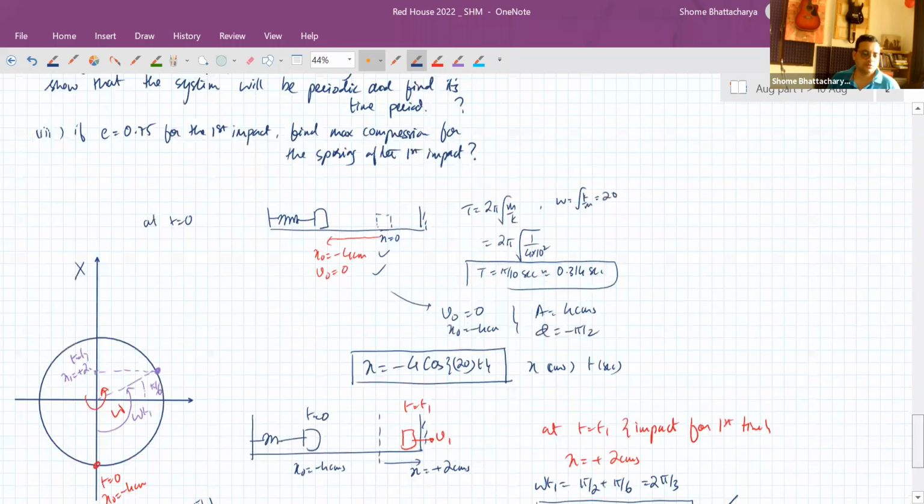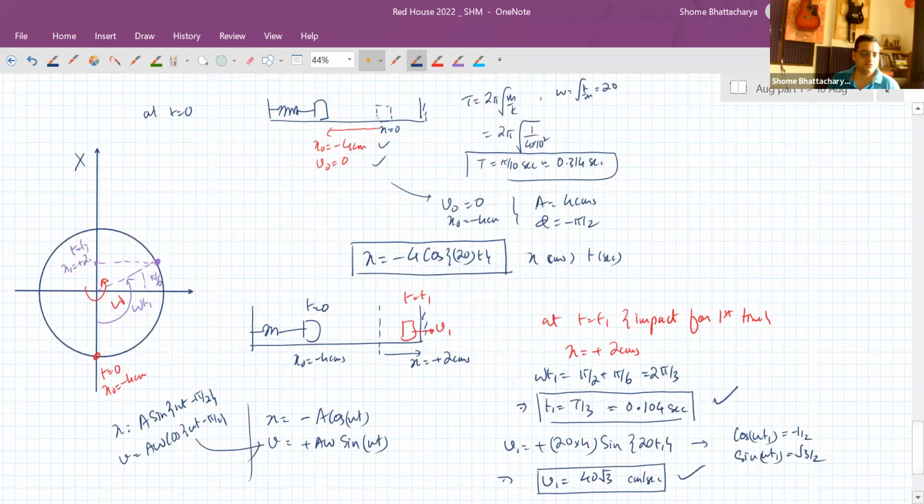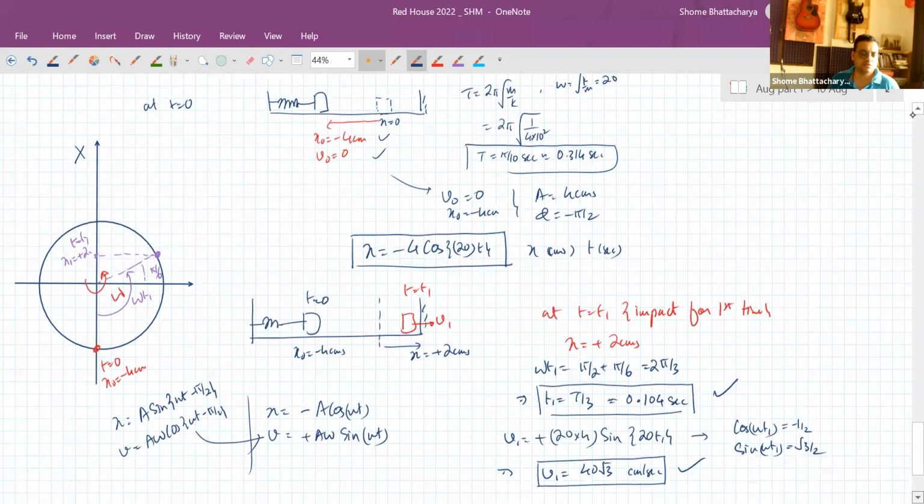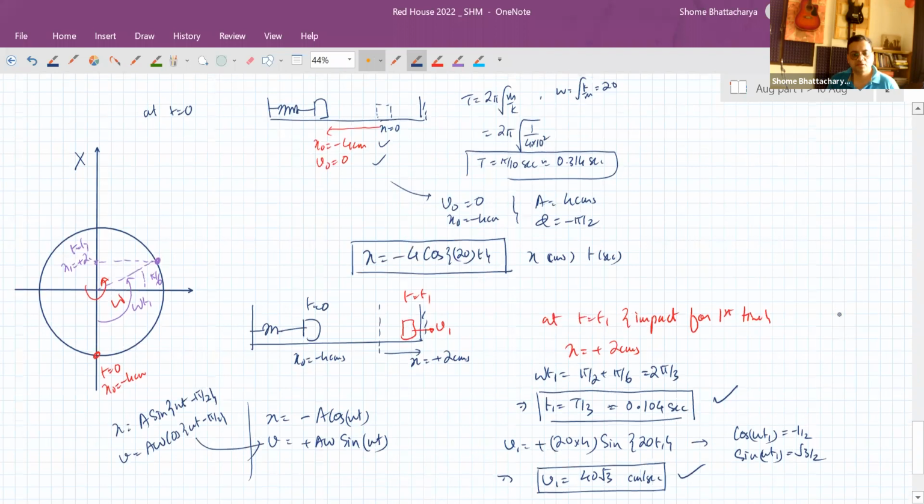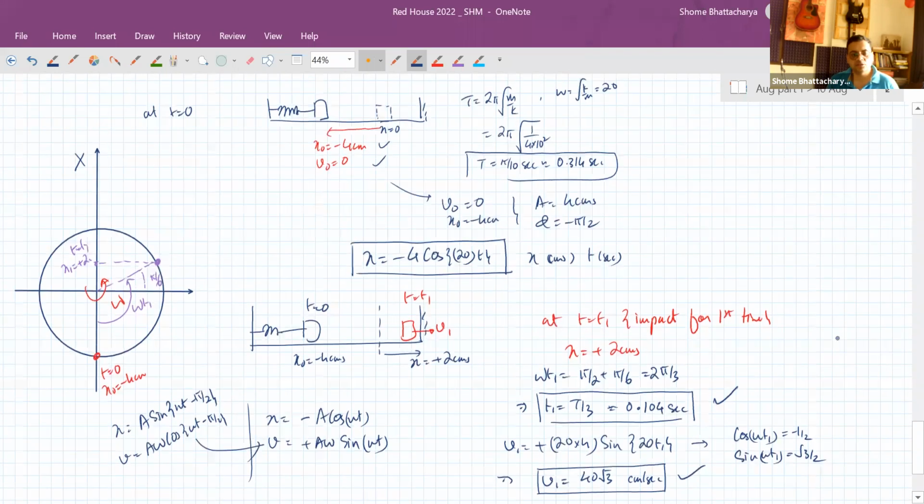Okay. So actually the answer is right in front of you. Okay, for the second part. Just try to figure it out and tell me how much will be the time period. You'll realize it's a periodic motion because there's no loss of energy happening.